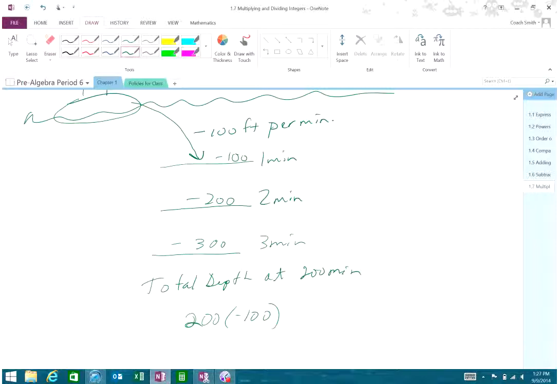Negative 2,000? Oh, I didn't see y'all answer it. Negative 20,000. So it'd be negative 20,000 feet below sea level.